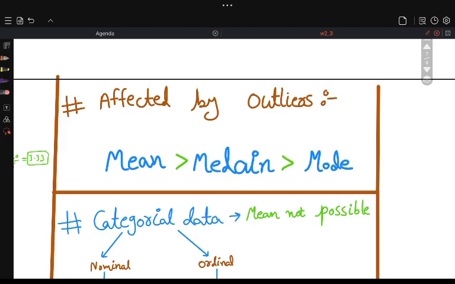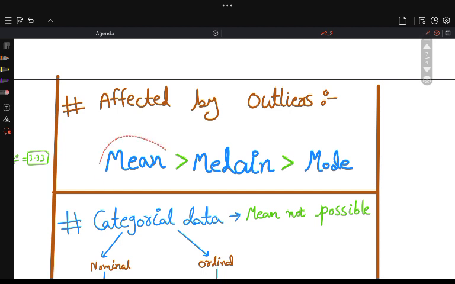If a person suddenly comes with 100 marks, what will be the effect on the mean, mode and median of that class? Mean will be most affected, as we directly add that 100 marks. In the formula of mean we take the sum of the observations, so we have to add that 100 marks to our observations.